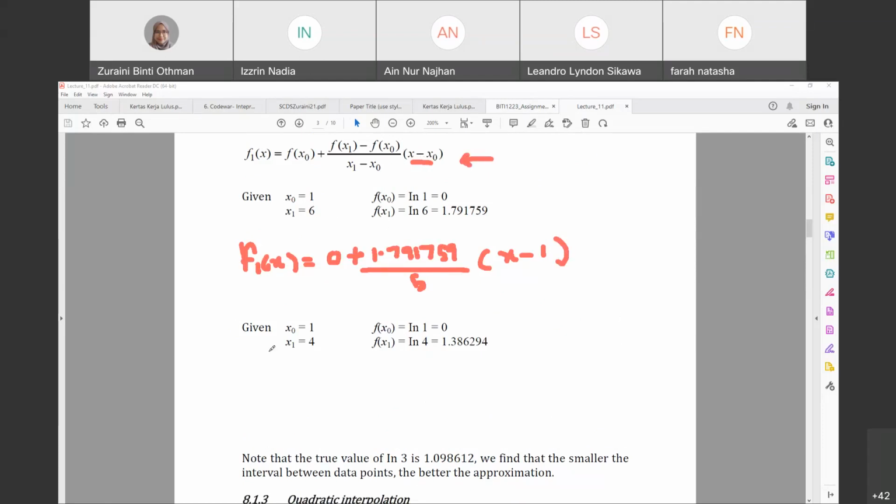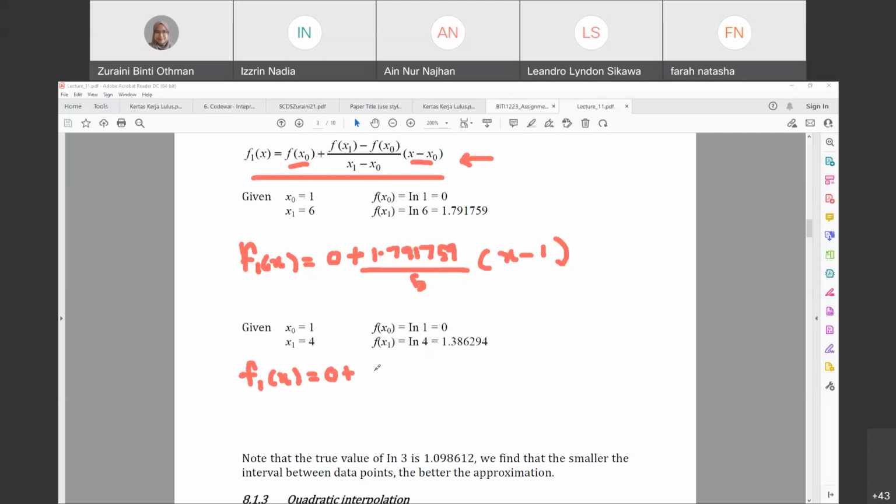Okay, now we do it by using this interval and by using this general form of linear interpolation like the question asked just now. So for this kind of interval, the formula will be like this. x0, f(x0), our formula above, just follow this. f(x0) is 0 plus f(x1) minus f(x0), and this is our f(x1).